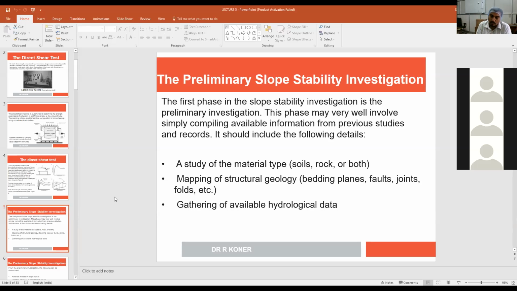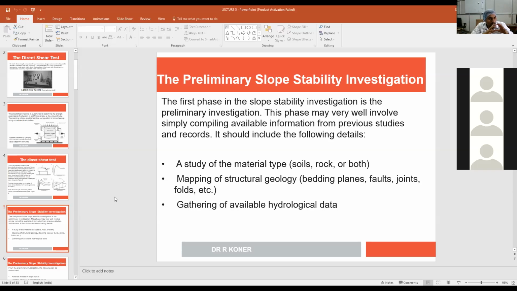We will try to understand what type of rock we are dealing with. Then second, we try to observe and find out what type of geological discontinuity or structural geology is observed in the particular slope.